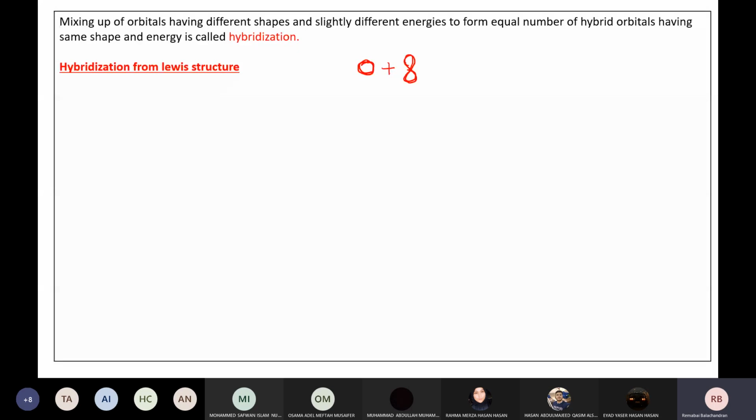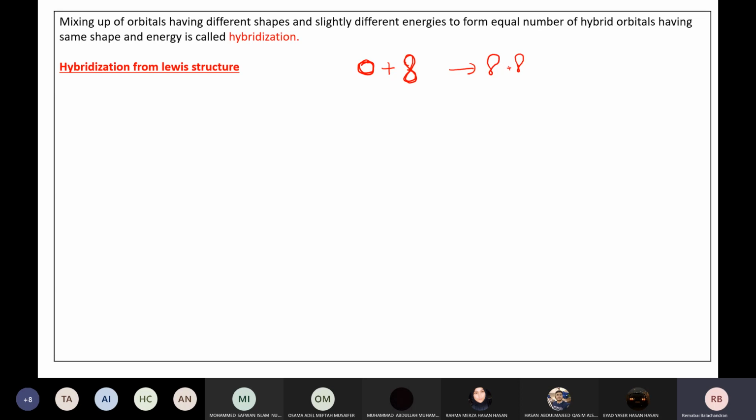This mixing of orbitals takes place within the same atom. Suppose carbon has s electrons and p electrons. Those orbitals we mix, and you get an equal number of hybrid orbitals. We mix 2, we get 2. After mixing, there is no difference as s or p. Both are equivalent, with the same shape and same energy. So this is called hybridization.